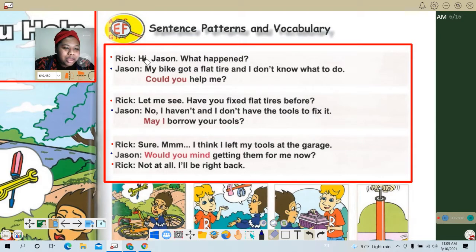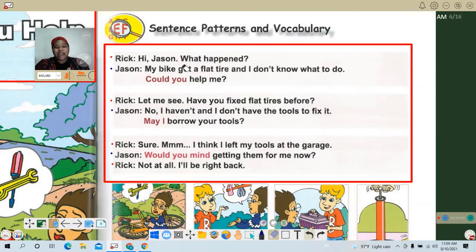You read Rick. We read Jason and you read Rick. Oh, okay. So, not at all. I'll be right back. I think we switched, right? Did we switch? Not yet.